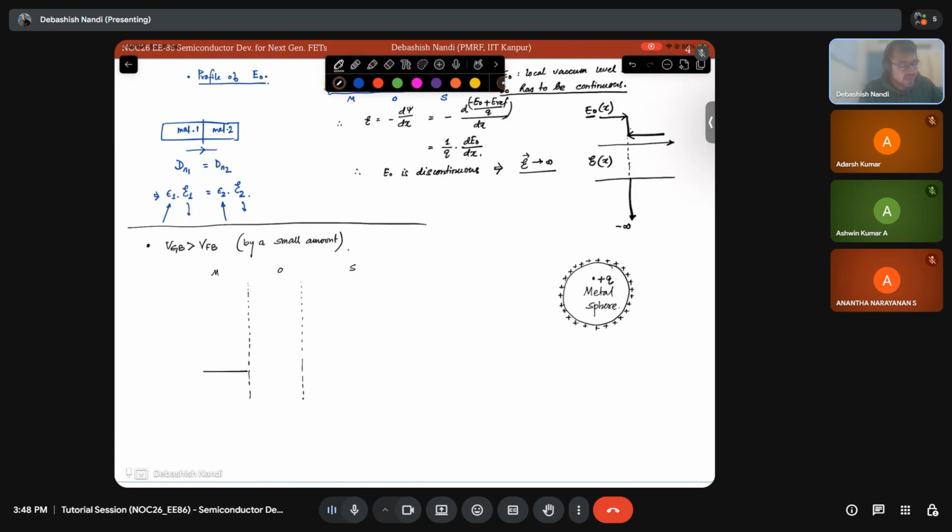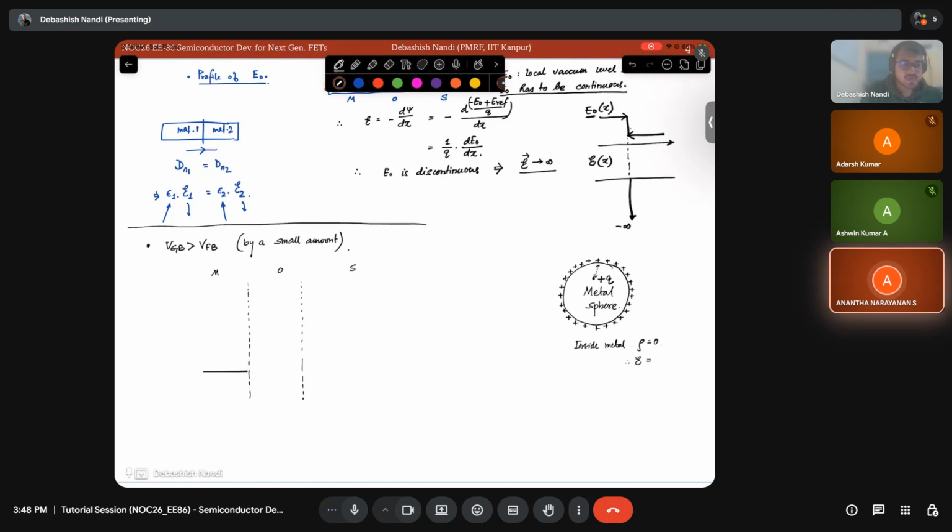So if it lies on the surface, that means what is the net charge inside the metal? 0. Your rho is 0. Fine. And what about electric field inside the metal? Will there be an electric field? No electric field inside the metal. Why not?